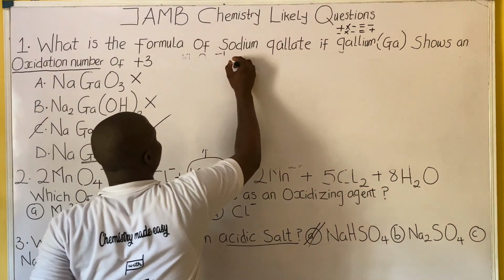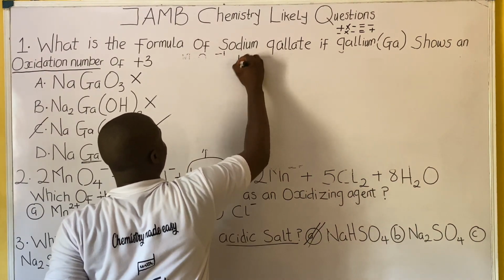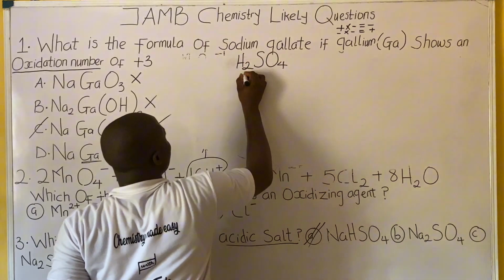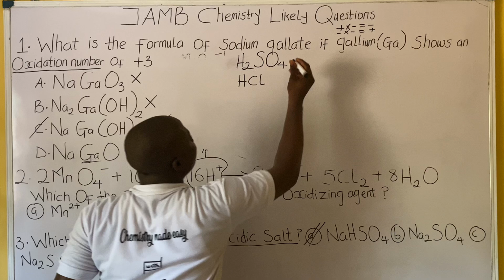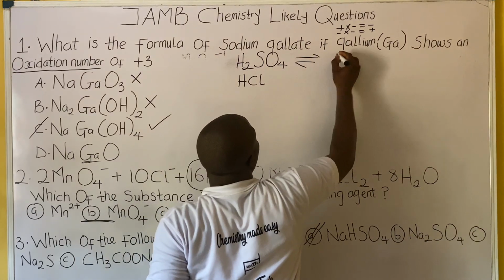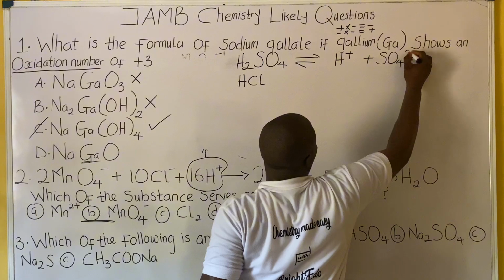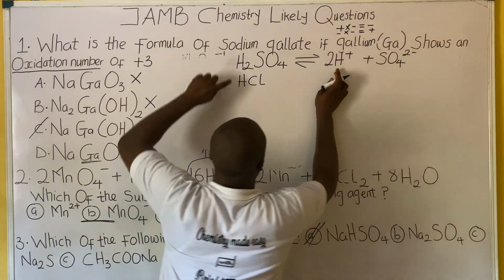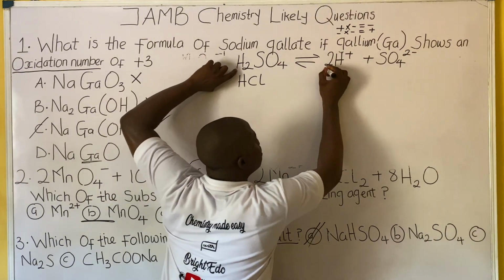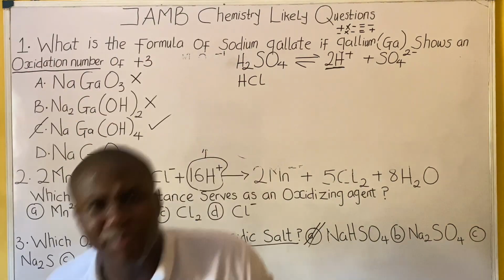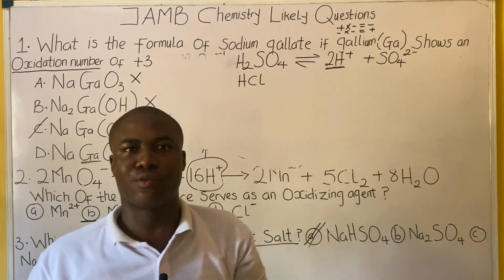We have examples of dibasic acids like H2SO4. How do we know it is a dibasic acid? When we break it, we have H+ and SO4 2-. To balance this reaction, there should be two here to make sure it's two hydrogens. Since at the end of dissociating it we have 2H+, it is a dibasic acid. It has two hydrogen ions.